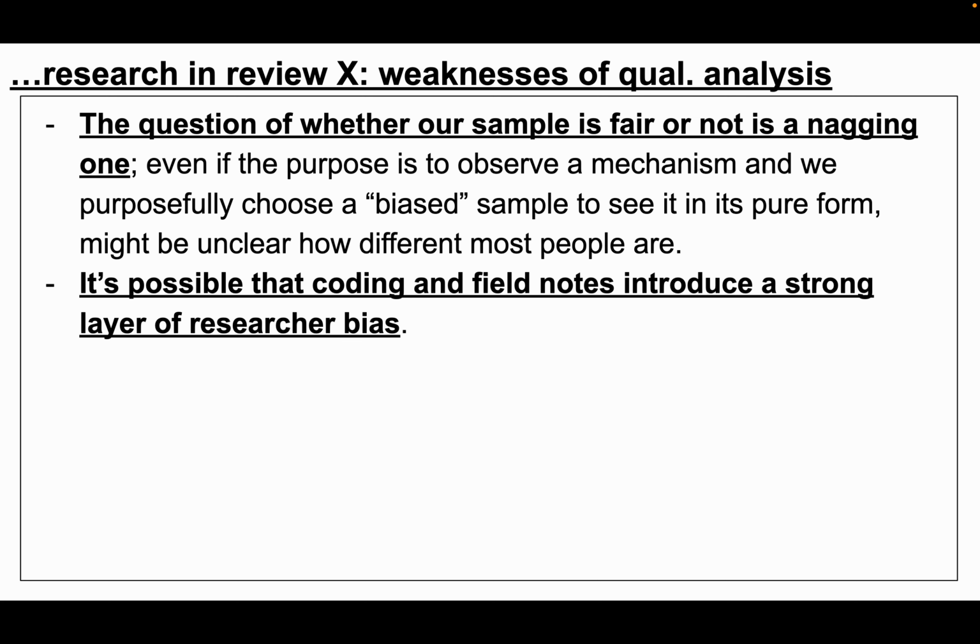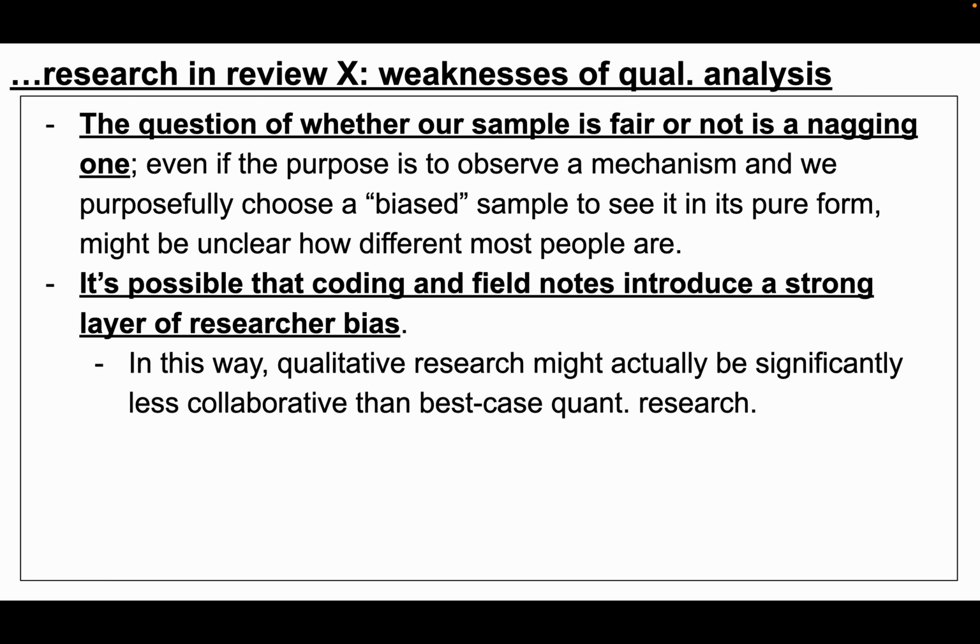But on the other hand, there's all types of filtering that you have to do of your data: coding, memo writing, basically choosing to observe particular things and not observe others. And this introduces a whole lot of potential for bias. So in this way, qualitative research could in certain ways even be less collaborative than the best case quantitative research.